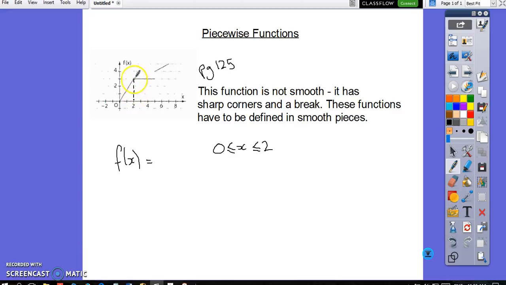If we go along 2, we go up 3. So if we went along 1, we'd go up 1.5. So here we'd have 1.5 times x, because it's a straight line with a gradient of 1.5, which can be found either with the difference quotient or with similar triangles. And that's the first element of our piecewise function here.